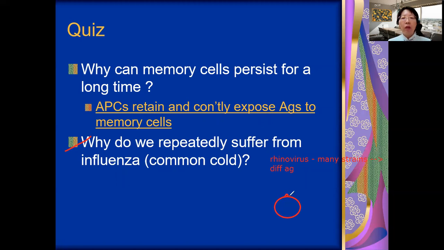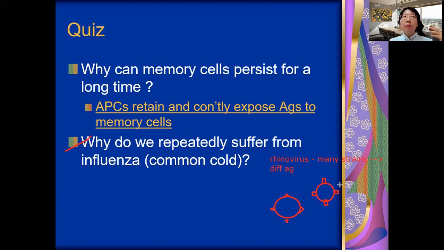Now all your memory cells produced can recognize this antigen. But too bad, the next time you're infected by rhinovirus again, it's a different strain. Probably it's a smaller virus, plus the antigen is not triangular, probably square or rectangular. So again, this antigen is entering your body for the first time.